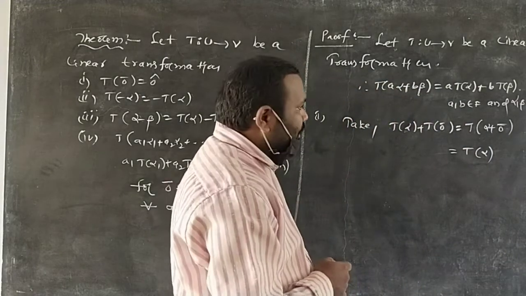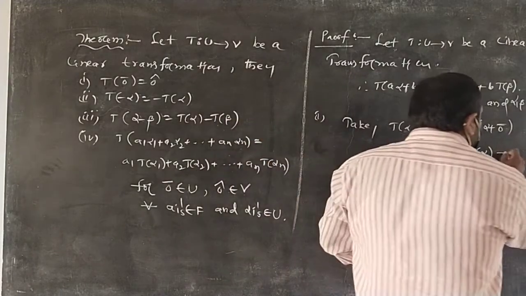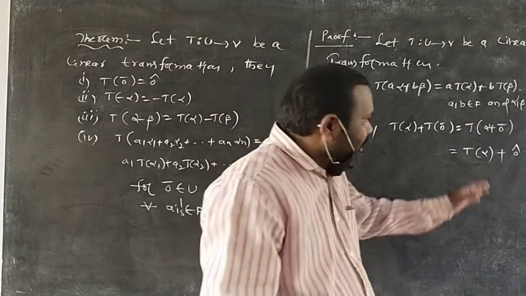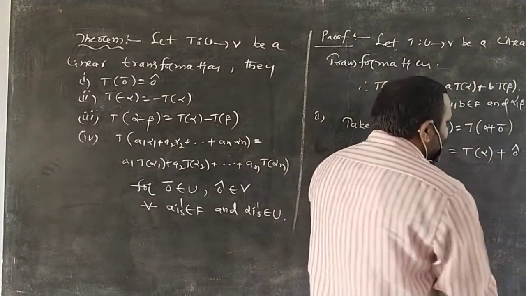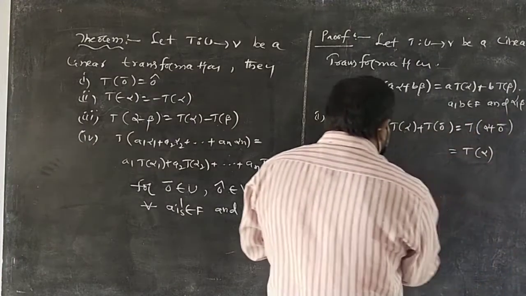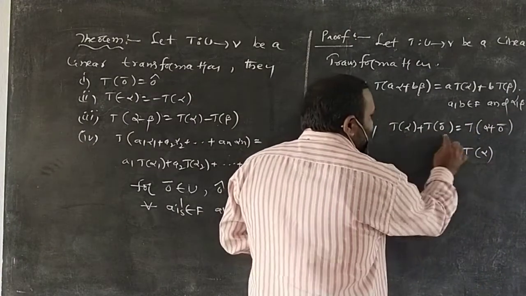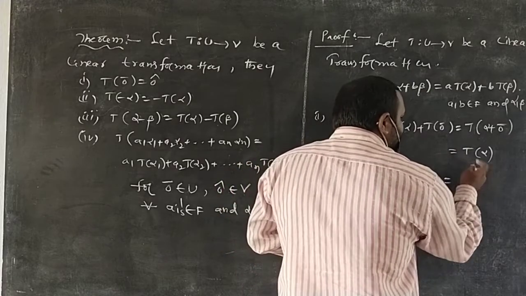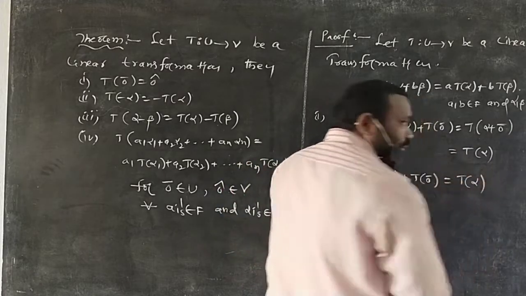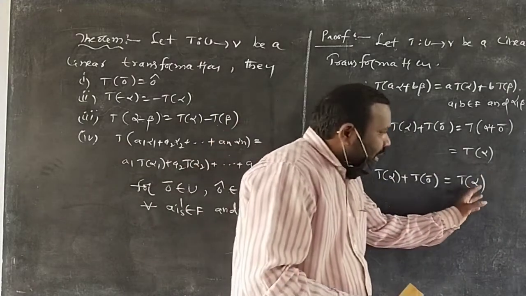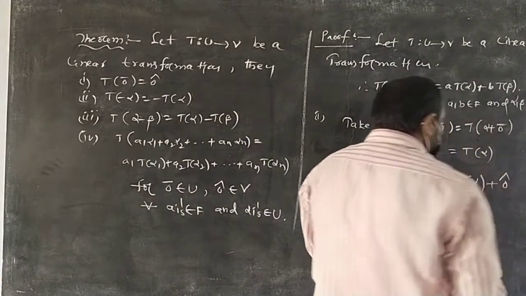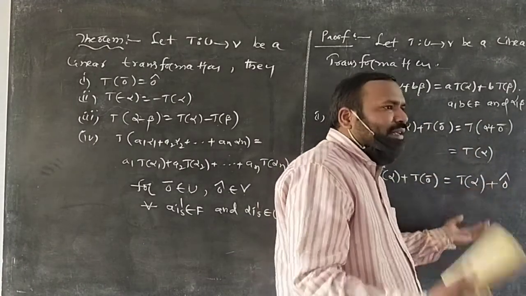You add 0 cap on the right side: T of alpha plus 0 cap. We have started with T of alpha plus T of 0 bar, and we got T of alpha. T of alpha plus 0 cap is nothing but T of alpha.